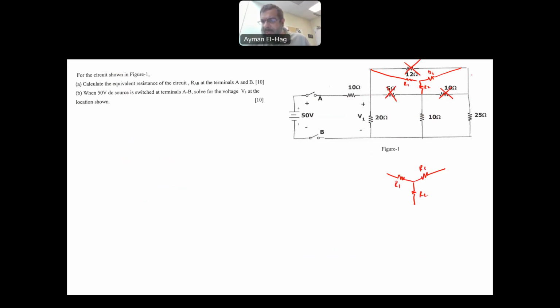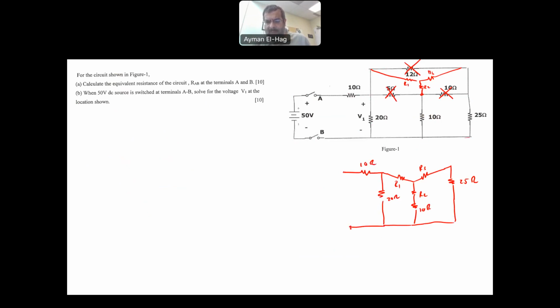Now, your R3 is connected to the 25 ohm. Your R2 is connected to the 10 ohm. This connection stays the same. And then your R1 is connected to the 10 ohm and the 20 ohm.